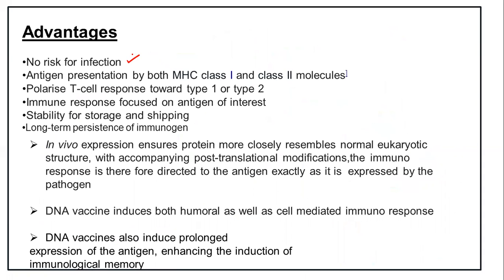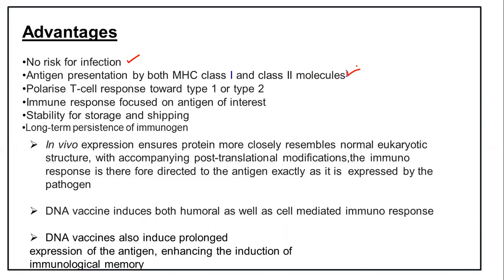But in the case of DNA vaccine, there is no risk of infection. Antigen presentation is by both class 1 and class 2 MHC molecules, and that's why it will activate both humoral as well as cell mediated immune response. So there is a chance of a greater immune response to develop, right?